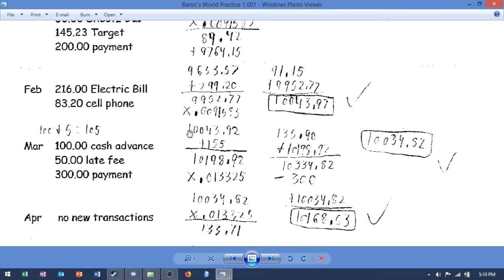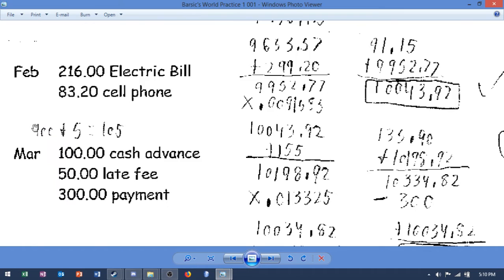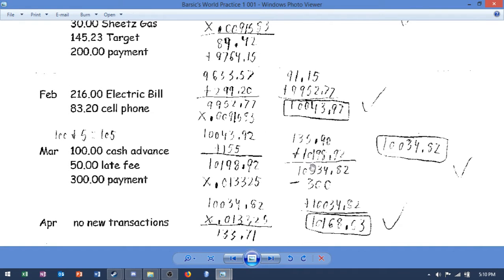So you would take whatever your balance is, plus the 155, because it's the cash advance, 100 plus the 0.04, which turns to 5. So to repeat myself for like the 20th time, 100 plus the 100 times 0.04, that turns to be 4, which then goes to 5 because it's below the minimum. 100 plus 5, 105, plus 50 late fee, and you get 155, and then you carry out the problem that way.